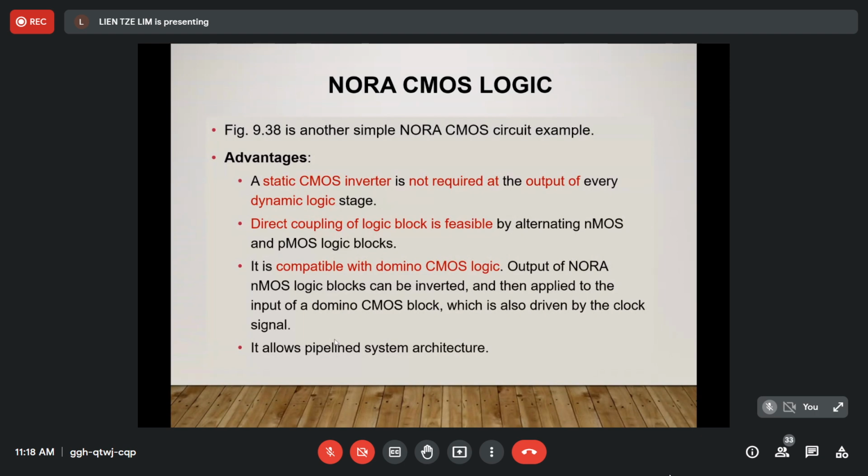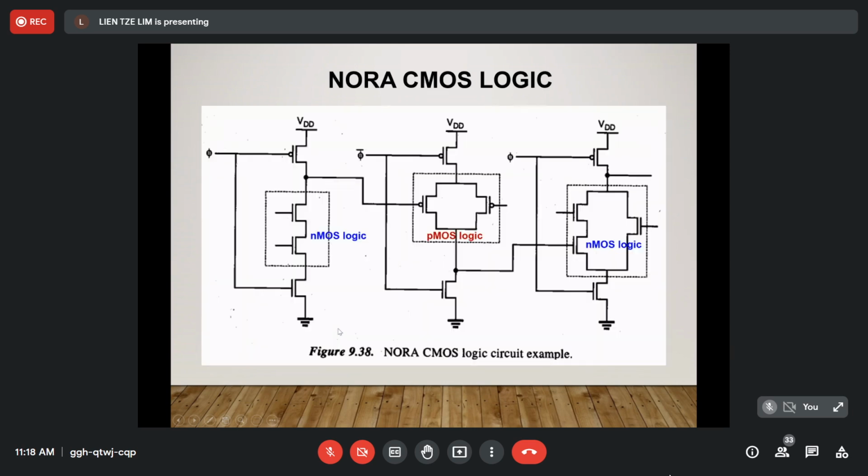That is the operation of NORA CMOS logic. There is another circuit example for NORA CMOS logic in figure 9.38. It's also a NORA CMOS logic circuit. We can know it is a NORA CMOS logic circuit because you see all these logic circuits are connected in cascade, with PMOS and NMOS in each of the logic gates.